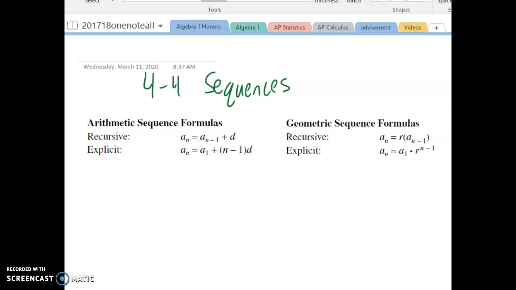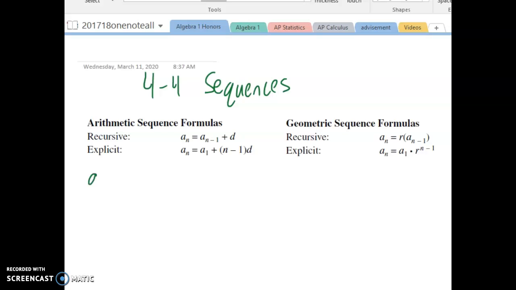Linear. That's exactly right. What do we call that number that we're adding every time? Slope.